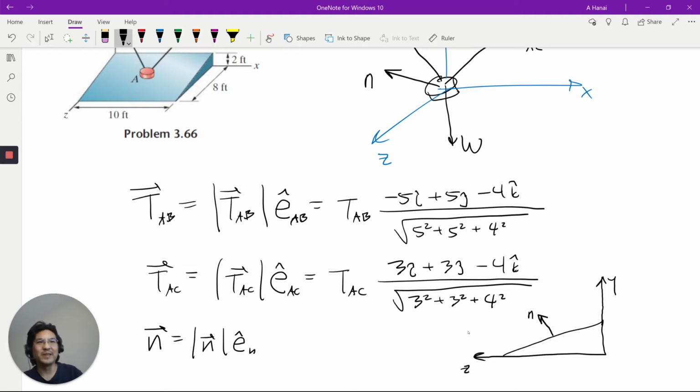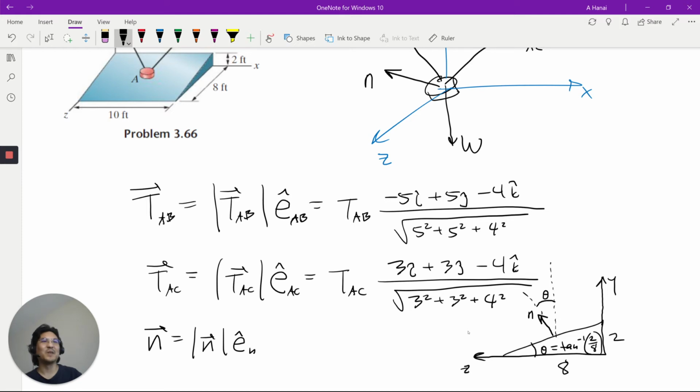But we can decompose, right? If you look here to here is some angle theta, which is the same as this angle theta over here, right? Which is just arctangent of 2 over 8, right? 2 over 8. So we know the angle.